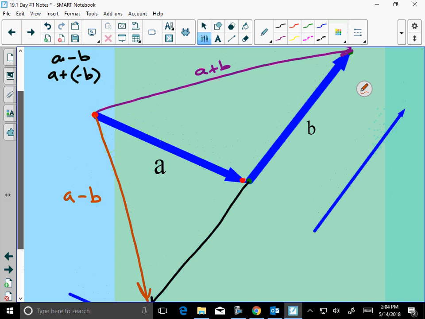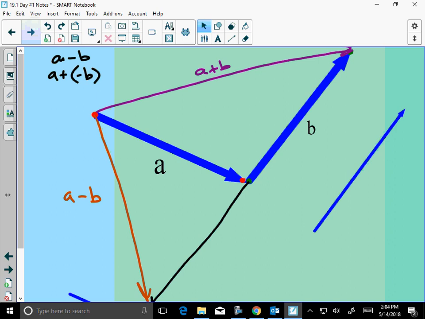Maybe, but not always. The case where they would have the same magnitude is if this were a 90. But it doesn't look to me like that's a 90, or at least not close enough for me to make that distinction. So we don't know for sure here. But if it was a 90, then yes.